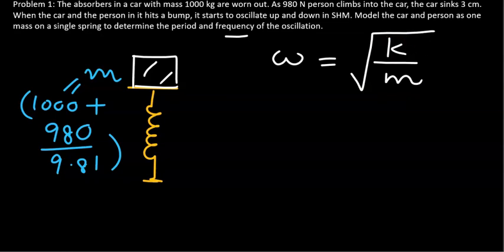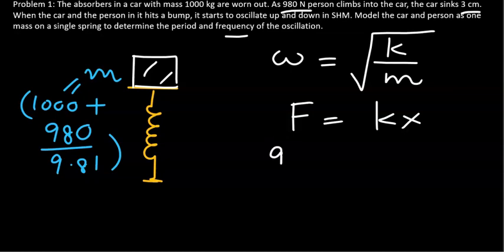The spring constant, k, can be determined from the following data. When the person with this much weight climbs in, the car sinks, or the spring compresses, by 3 centimeters. So we can use Hooke's law to determine the spring constant. I'm considering the magnitude, so I'm omitting the negative sign in front of Hooke's law.